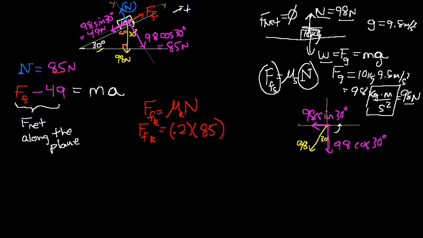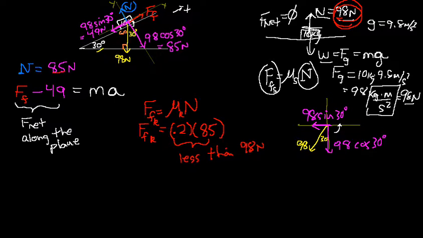And I don't have a calculator handy, but I will tell you that this number will be less than the 98 newtons that we had over here when it was flat. So we have the force of friction upward. It's going to be a small number. This 49 is going down.